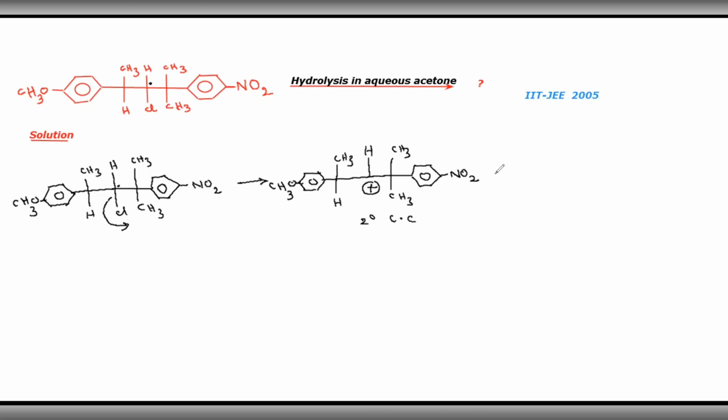A secondary carbocation rearranges into the most stable one. If you do a 1,2 hydride shift, you will get this carbocation.